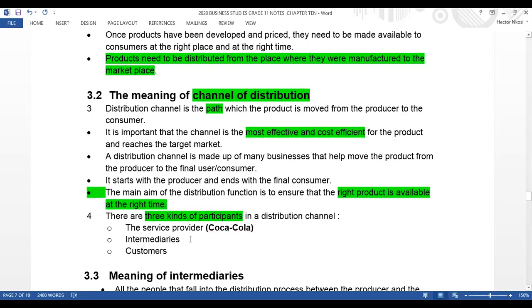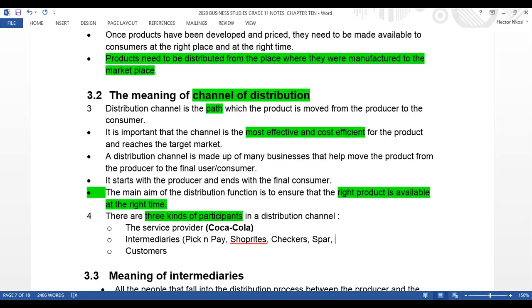Now, do you agree with me that our intermediaries in this case will be our wholesalers and supermarkets, such as Pick and Pay, ShopRite, Checkers, Spa? There are so many, guys. I won't finish them, I'm just writing the popular ones.